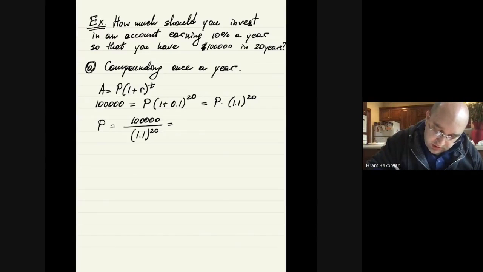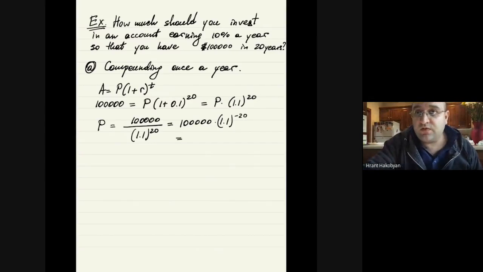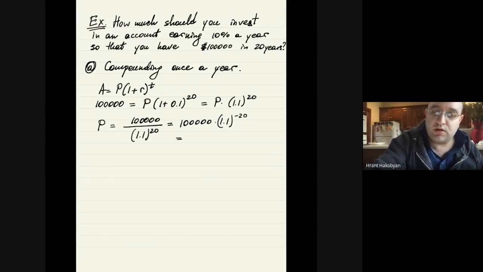If you want, we can write it differently: 100,000 times 1.1 to power negative 20. So if I solve for this, let me just write it down. I have 100,000 times, well, actually not e, but 1.1 to power negative 20.